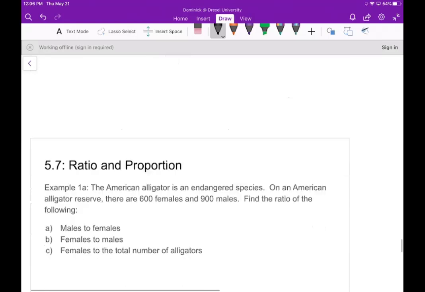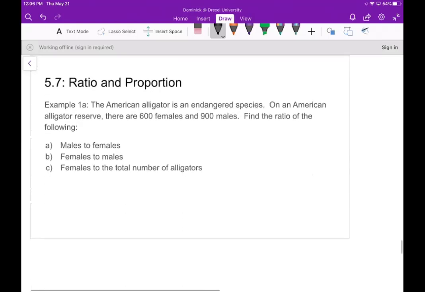Next example: the American alligator is an endangered species. On an American alligator reserve, there are 600 females and 900 males. We want to find the following ratios. First, male to female. That's 900 over 600, which we can reduce to 3/2. B is females to males, so that's 600 over 900, which is 2/3.